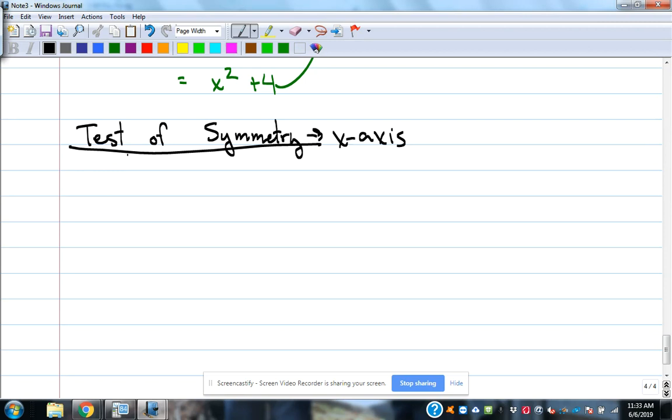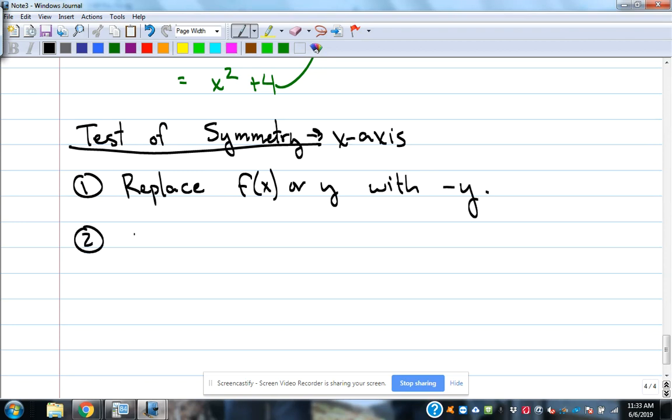Okay, the test for symmetry for the x-axis is to replace f of x, or y, with negative y. Solve for y again. Okay, we're going to solve for y again.